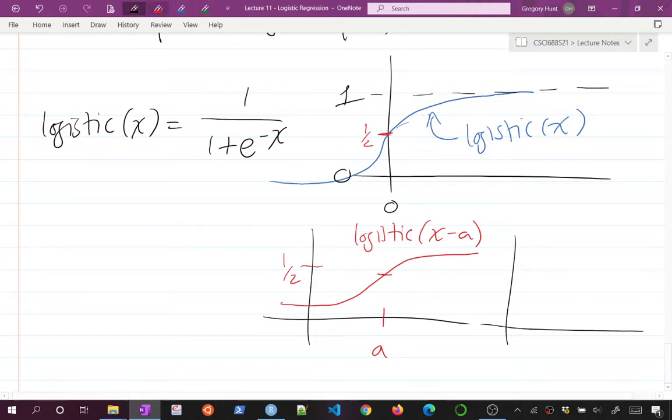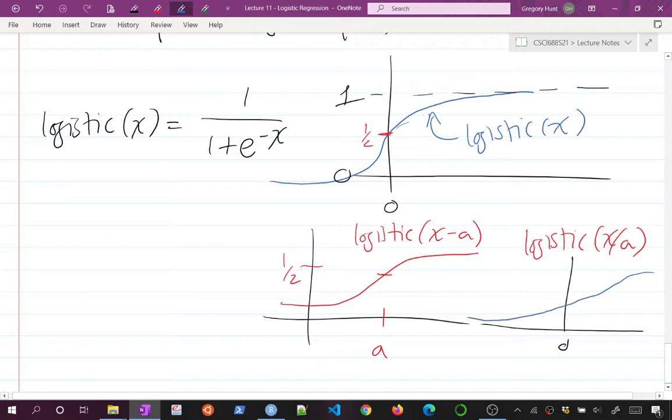And you could do other things. You could scale it, right? So you could do logistic of x over a, which presumably is going to scale it by a. It would stretch it out, so it would make it smoother instead of going really sharp. It's supposed to go through 1/2, right?